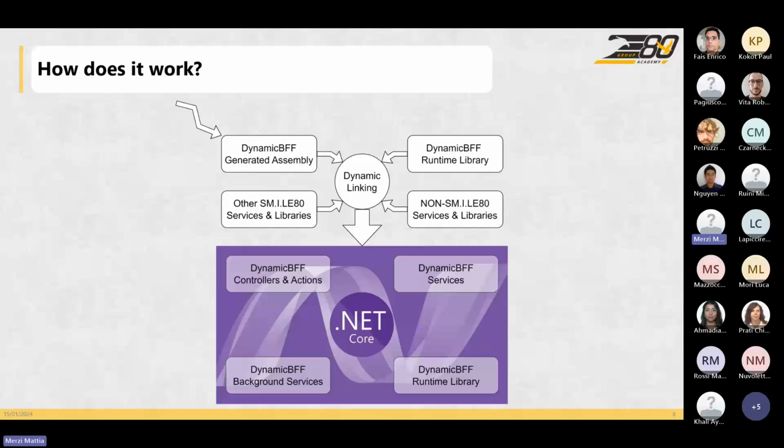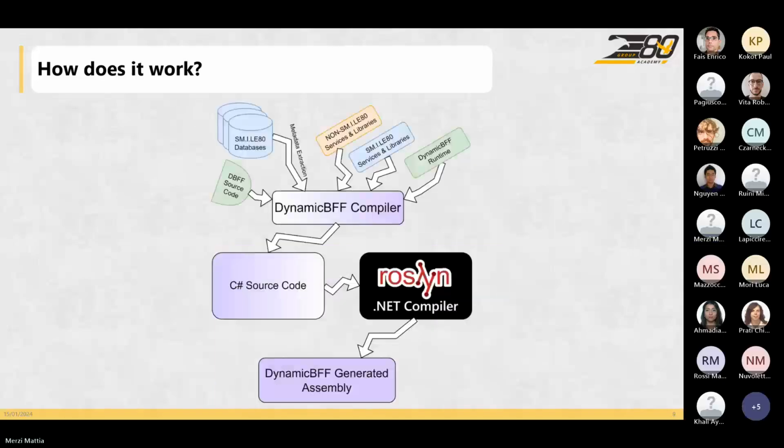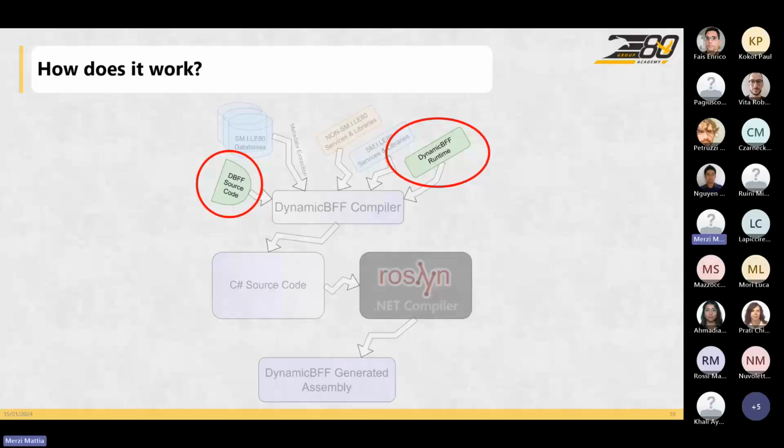Then this linked assembly is loaded and run as a .NET Core, an ASP.NET Core environment, where everything will run in a single virtual machine. So from the ingredients, we will now focus on these two ingredients, the source code and the runtime, that is the basic library of the language that provides a few utility functions.